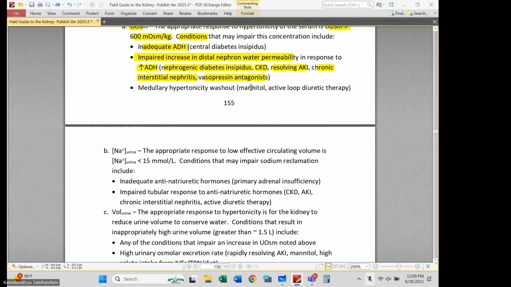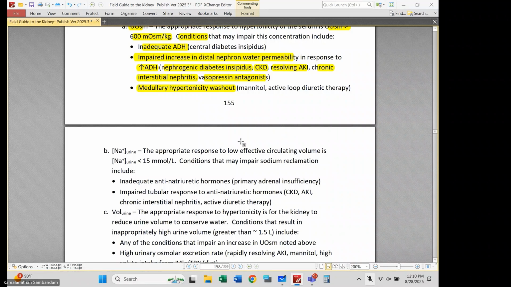Okay. Now, the last one that would be an explanation for impaired response to an appropriate increase in ADH would be that the tonicity of the medulla, the interstitium, that drives water reclamation is less than what would be typical for somebody with a normal functioning kidney that is responding to ADH.